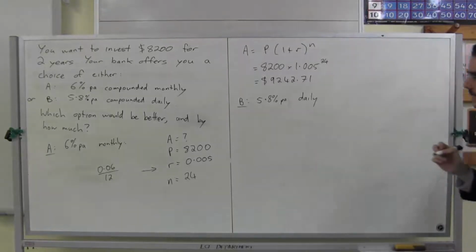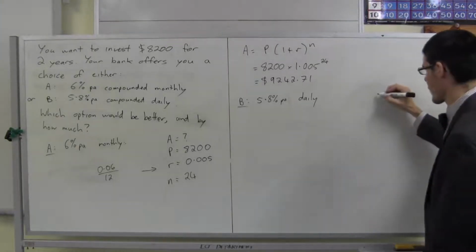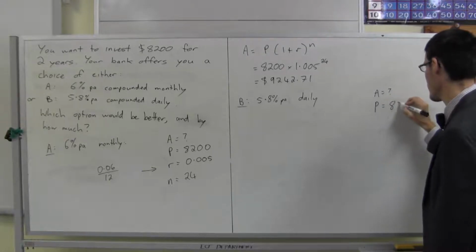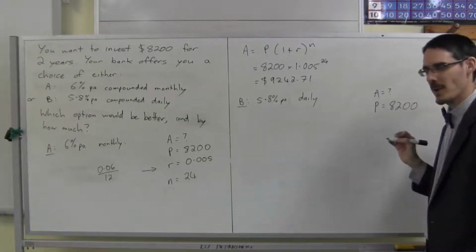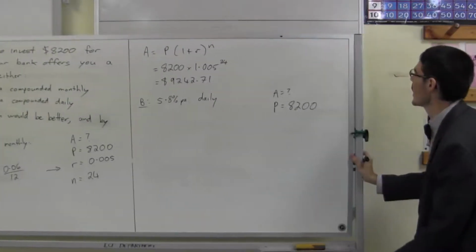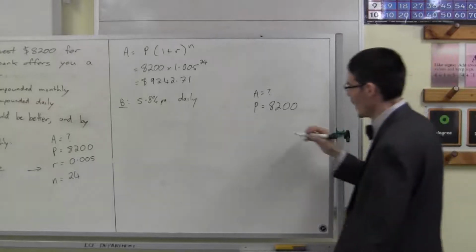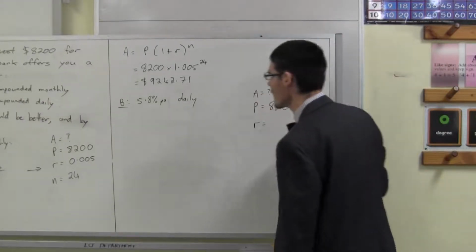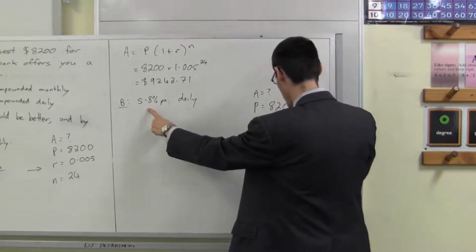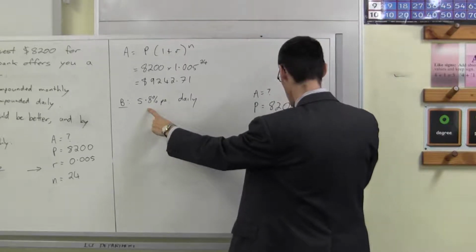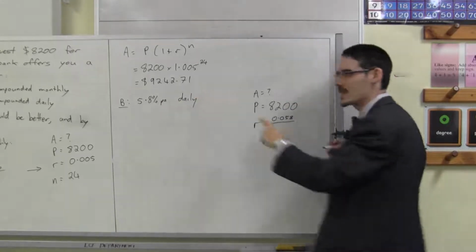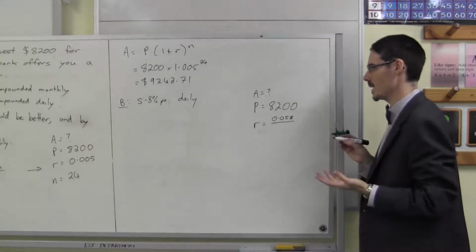Okay. So, future amount is what I'm looking for. Principal hasn't changed. Now this time I'm going to have to be very careful with the rate. I'll move that over a bit now. Okay, so you can see the rate has to be 5.8% per annum, 0.058, divided by the number of days in a year.